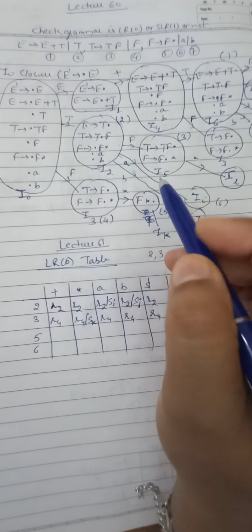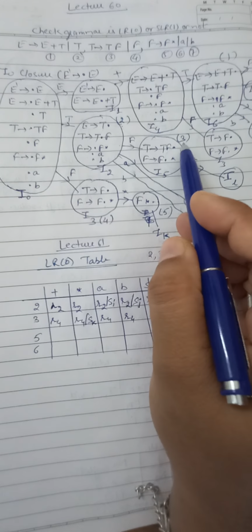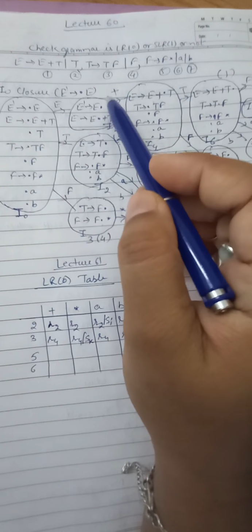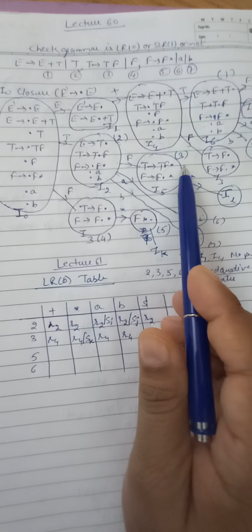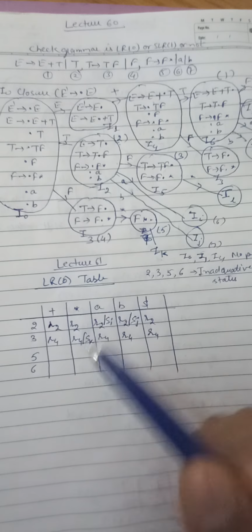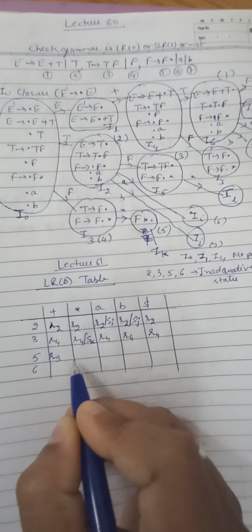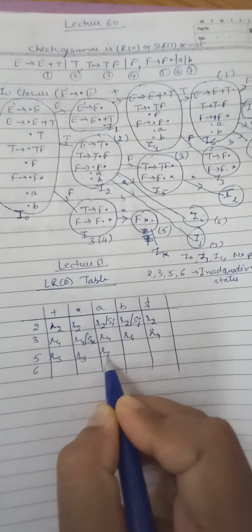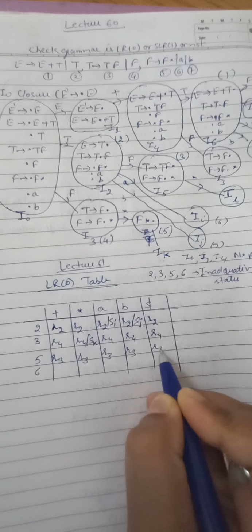Now see the fifth state. Here the third production, T to TF, is completed, so the reduction is R3. We write R3, R3, R3, R3, R3.